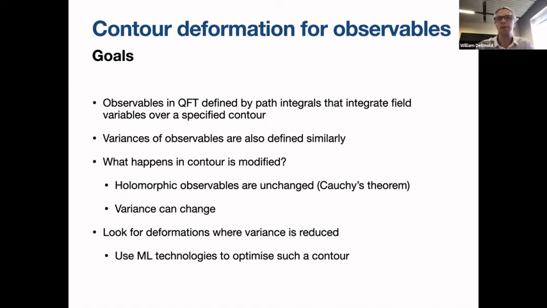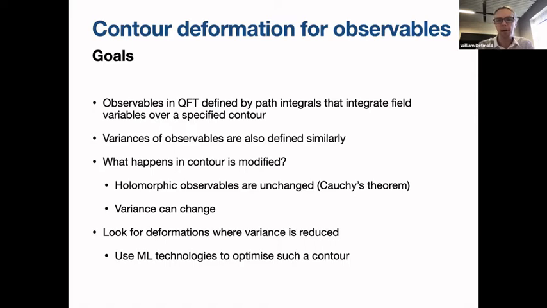Variances of observables contain pieces that are similarly defined as expectation values of products of other field products. So what happens if a contour is modified in those integrations? Well, if you have holomorphic observables, then via Cauchy's theorem, they're not changed.